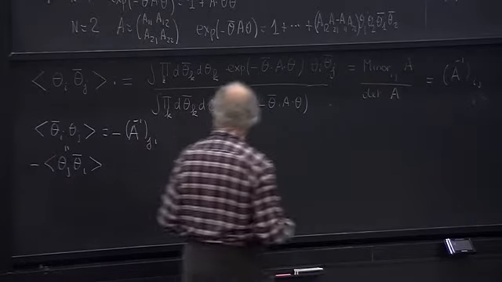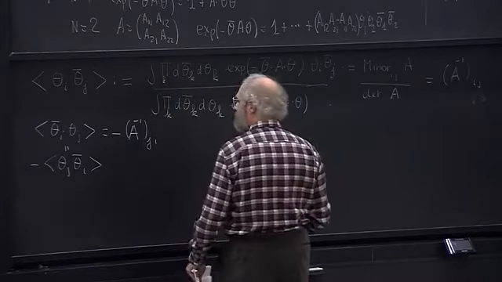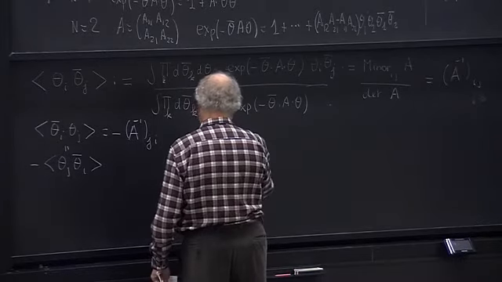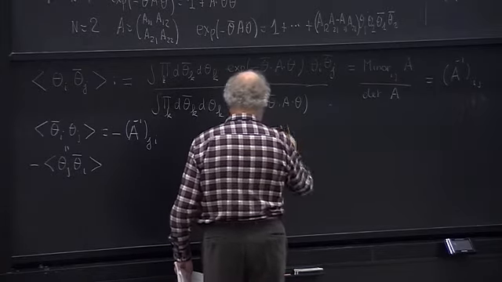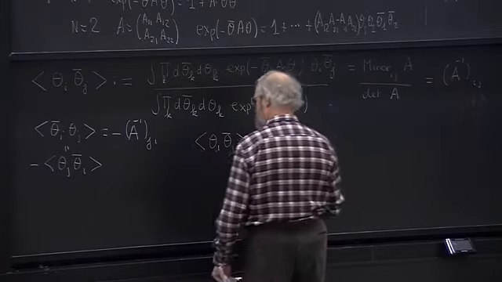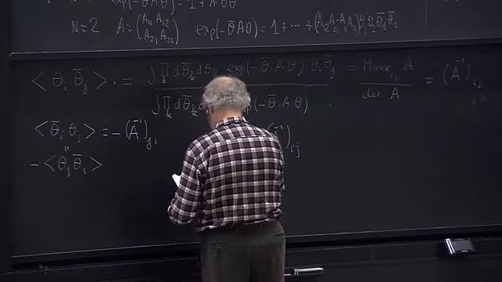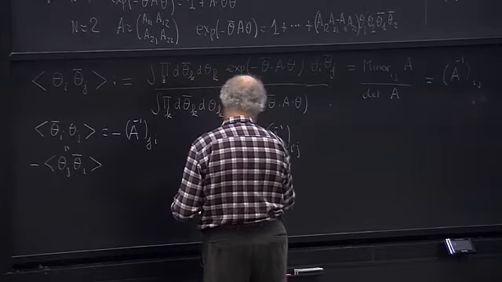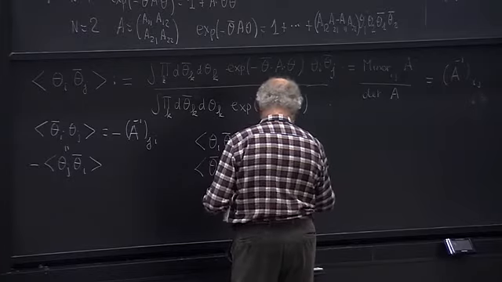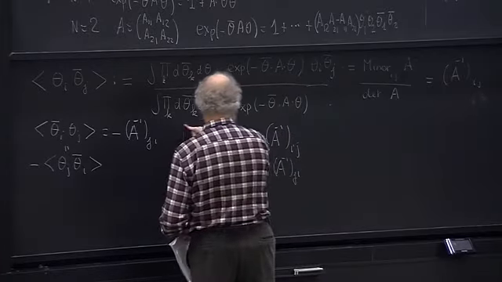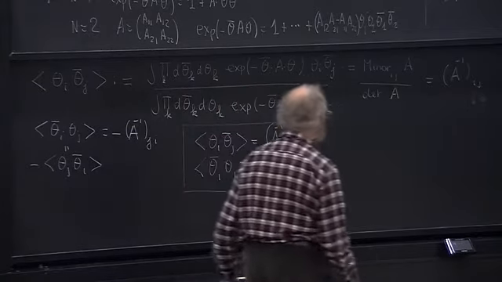So it's minus. So that's what you need. You need to know that the expectation of theta I theta bar g is A minus 1 Ig, and theta bar I theta g, by anticommutation, is minus A minus 1 gI.